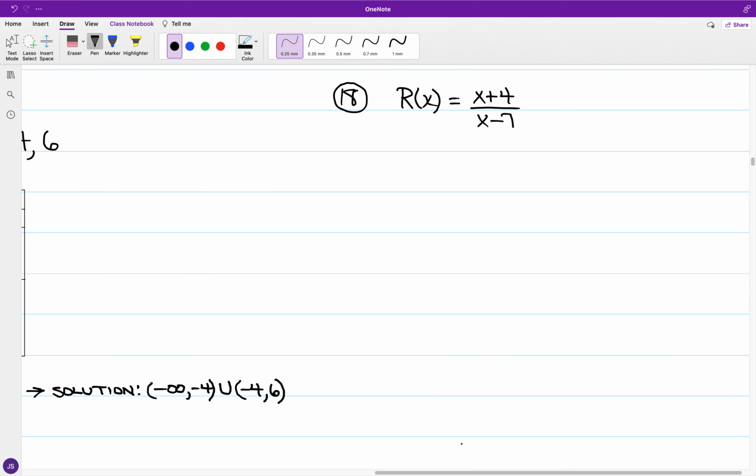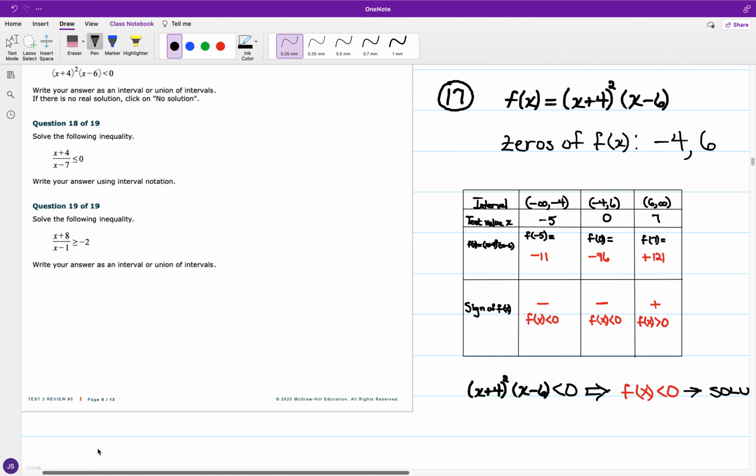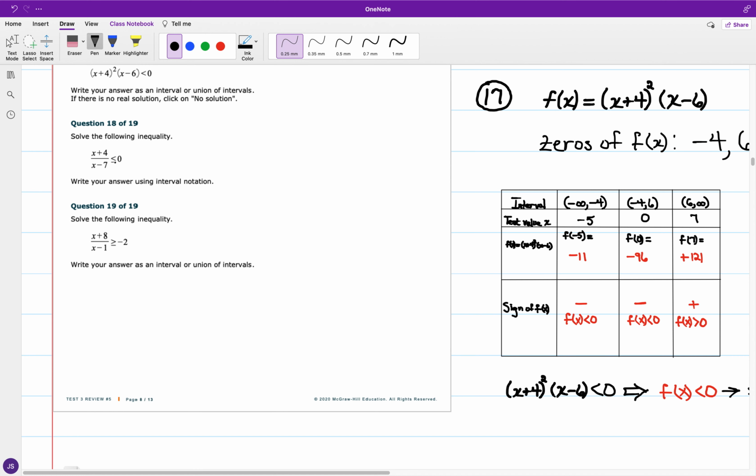Again, let me just mention, with the nature of the inequality, less than or equal to 0, the equal sign means that if there's an interval solution, we may or may not have a bracket. This would be contingent upon whether any of the zeros that apply will be in the domain.